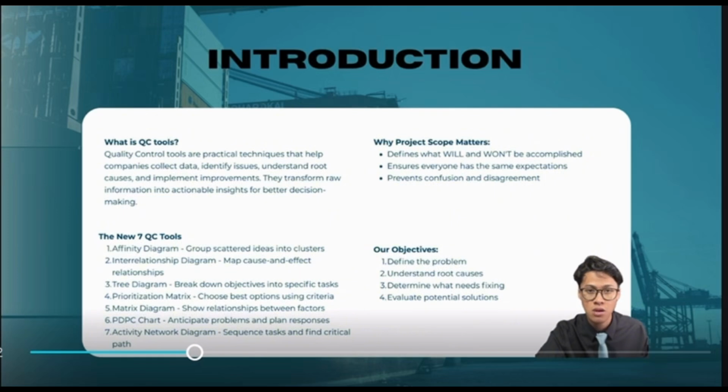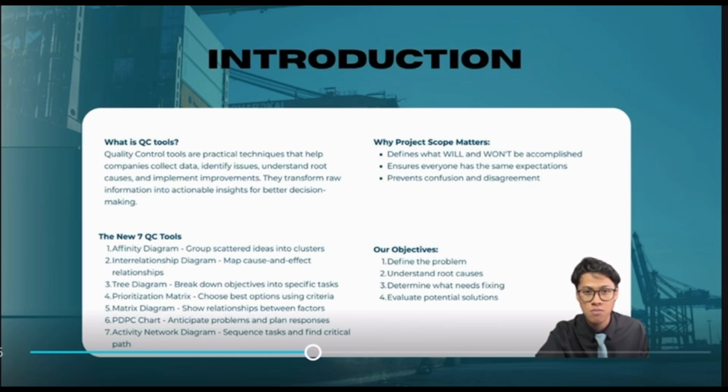First, the affinity diagram, which helps us group scattered ideas into meaningful clusters. Second, the interrelationship diagram. This maps out cause and effect relationships between different issues. Third, the tree diagram, which breaks down broad objectives into specific actionable tasks. Fourth, the prioritizer matrix. This helps us choose the best option based on defined criteria.